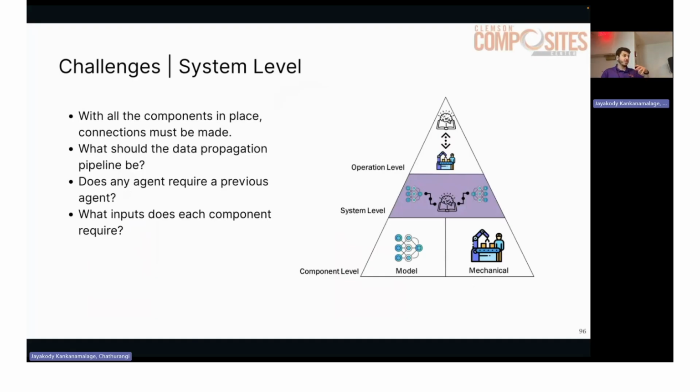Do I need to first have a specific prediction, and then this prediction goes to my causal lens? And if so, is that data propagation going to happen in time so that the technician can then view the insights required in the proper time frame? So this is the idea of how things fit in with each other, what needs an input, what each output goes to, and of course all this is going to require a whole unified system to be able to come up with this pipeline.